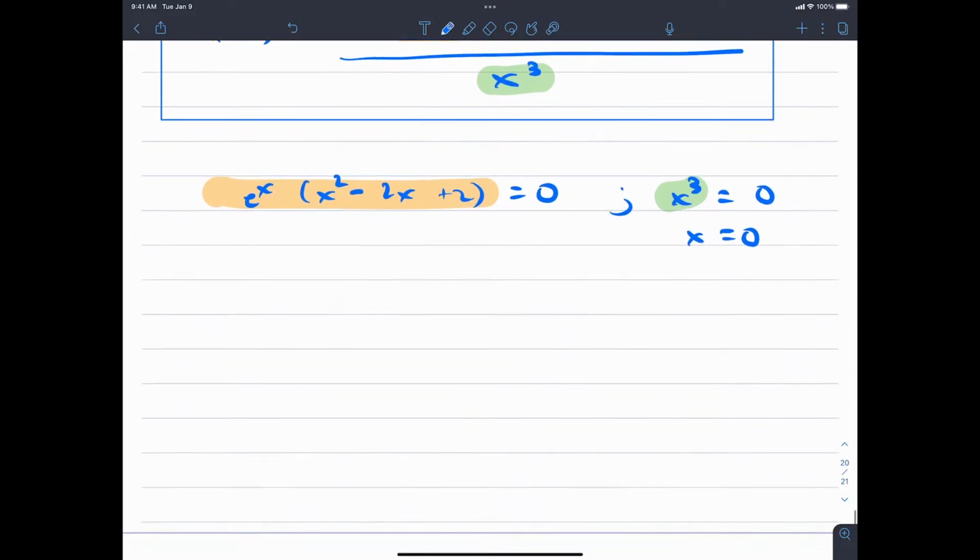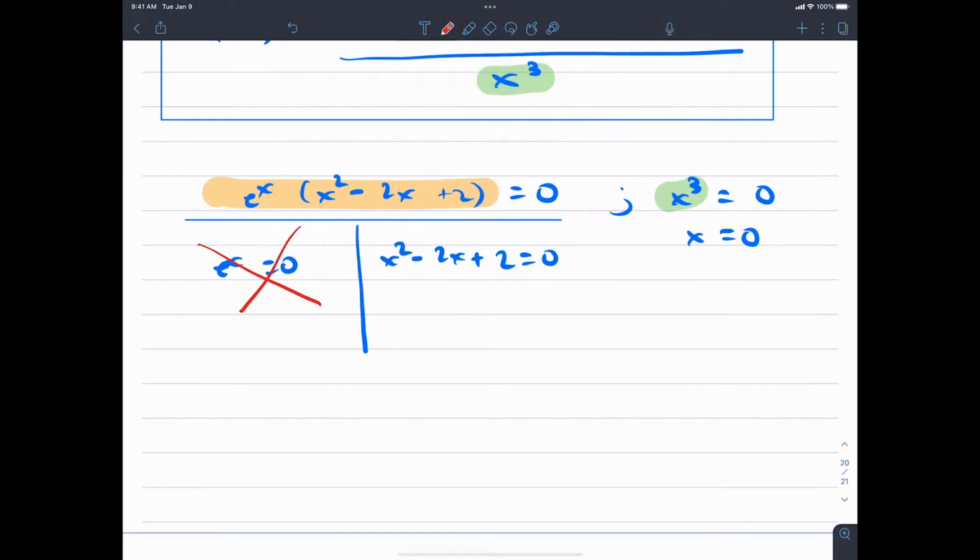Now, what about the numerator? You say, this means e to the x is 0. Never happens. X squared minus 2x plus 2 what equals 0? This never happens. Okay, you guys okay with that?